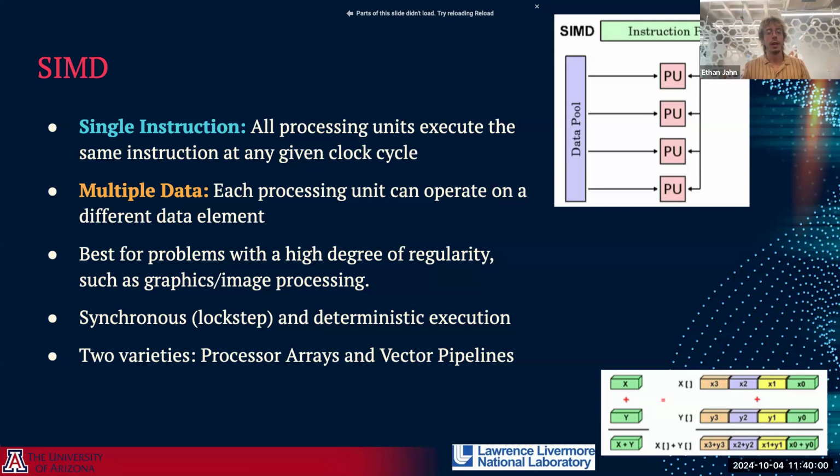And this also allows for deterministic execution, where the result of a particular calculation is always going to be exactly the same. And we'll talk about non-deterministic execution shortly. So there are two different varieties of SIMD. You have processor arrays, and you also have vector pipelines. And of course, as always, these are topics that are very deep. They can get into a lot of different details, but this is just to show the bird's eye view here.